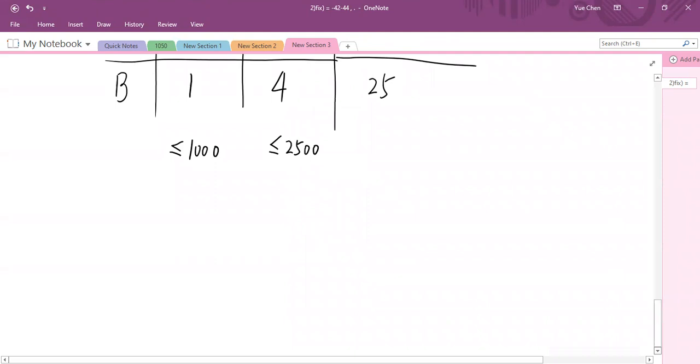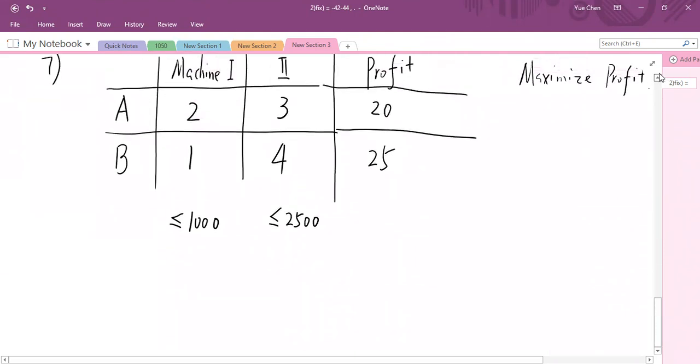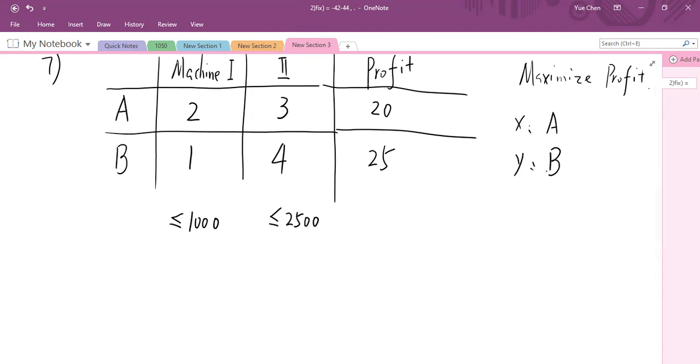Okay, so the first thing is we need to write down to maximize the profit. So we need to know the total profit, right? Here we assume X will be the units of product A and Y the units of product B. The objective function is Z, where Z represents the total profit.